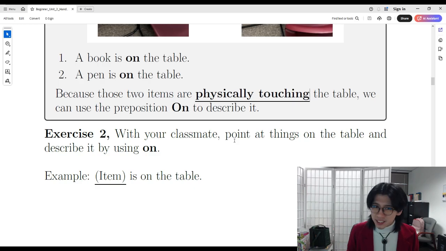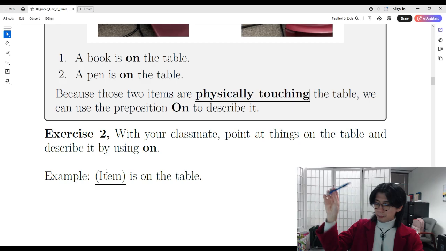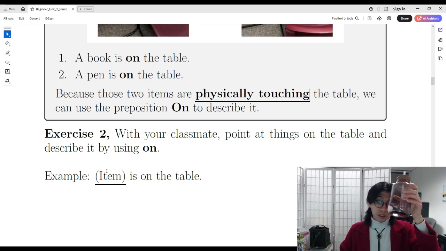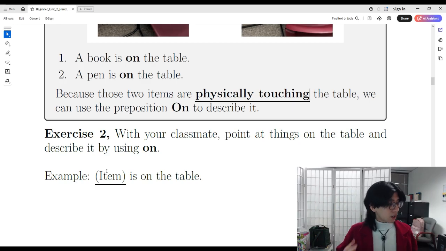And once you find a table, I want you to point at things and describe things using the preposition on. For example, we can use this example sentence: item, something like phone, pen, water bottle, paper, something like that, is on the table.